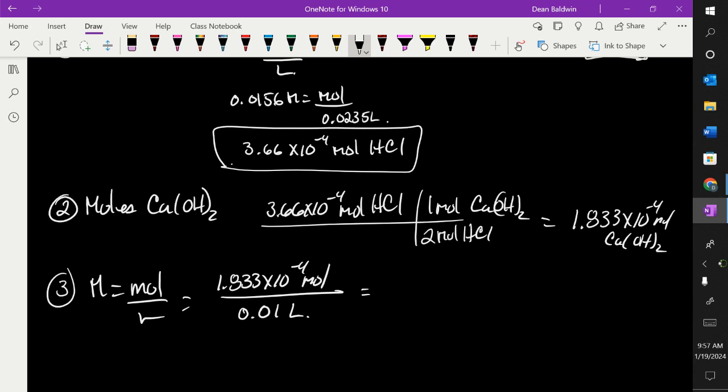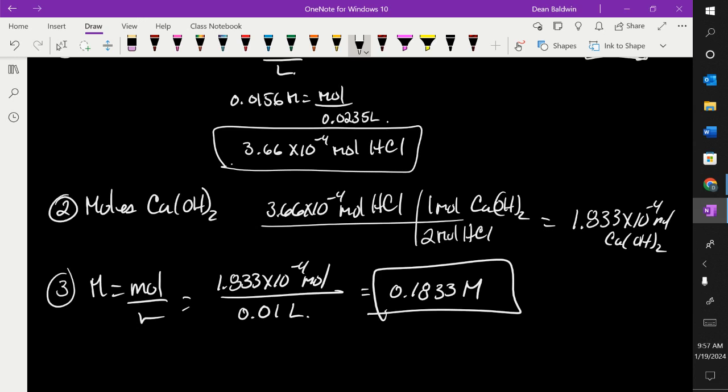If you divide those, you're going to get 0.1833 molar. Sorry? That's what the concentration of calcium hydroxide is at the start. Yeah.